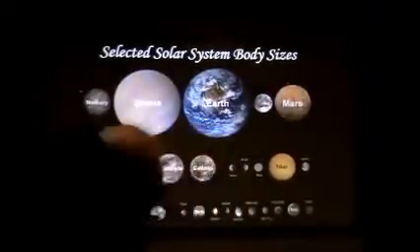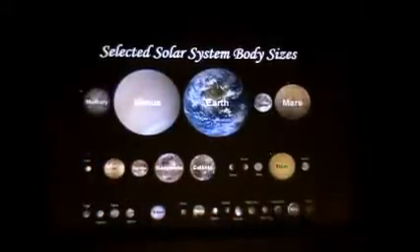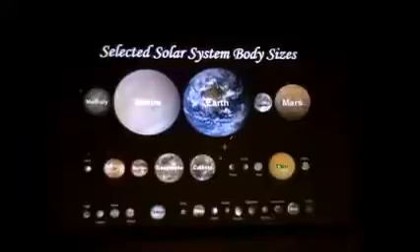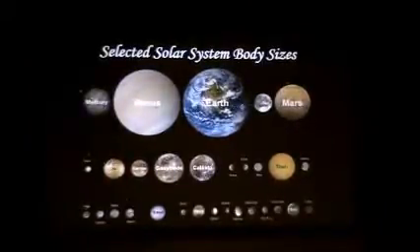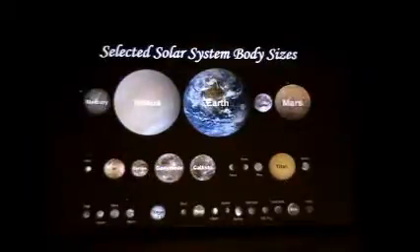The biggest moon in the solar system is Ganymede from Jupiter. Then there's Titan from Saturn, then Callisto, and then the fourth one is Io, which we talked about as well, that's subject to the gravity tidal forces. Then we have our moon, the fifth largest, then Europa, then Triton, that's the seventh.